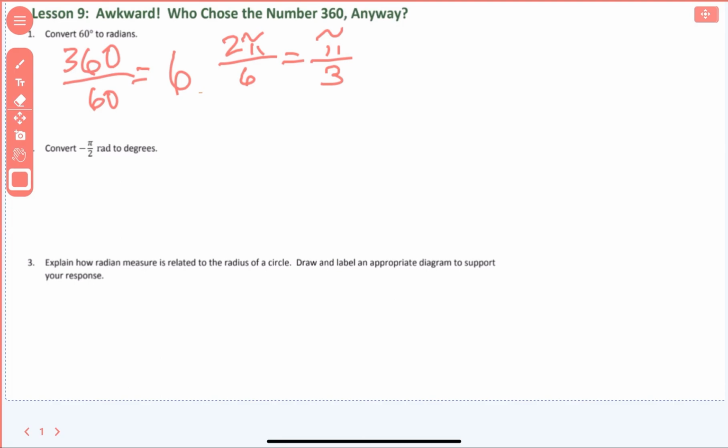Don't do that. Here, you're going to say 180. You plug in 180 for pi, and you have your degrees. So if we took negative pi over 2 and plugged in 180 for pi, we would get negative 90 degrees. That's all you have to do.